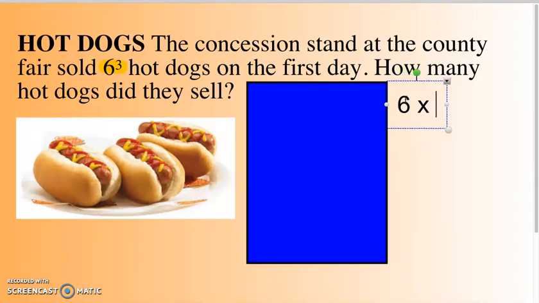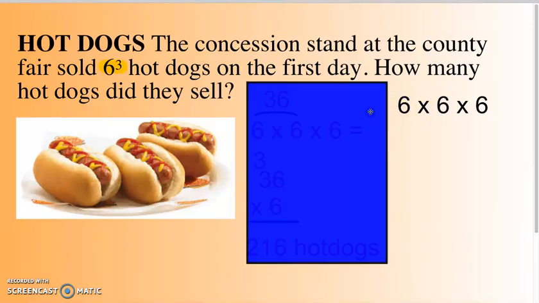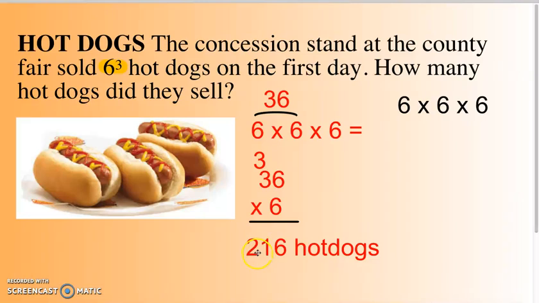Yep, 6 times 6 times 6. Nice job. And then our second step is to evaluate. And so we're going to evaluate it. And 6 times 6 is 36. And then times 6 again is 216 hot dogs.